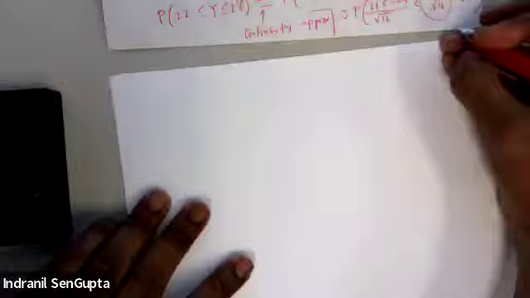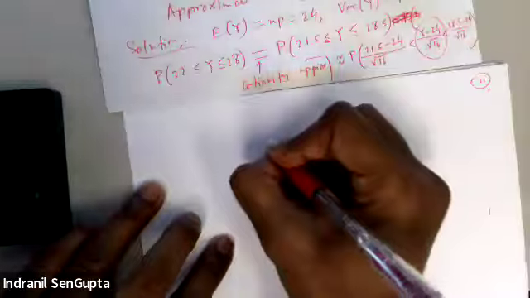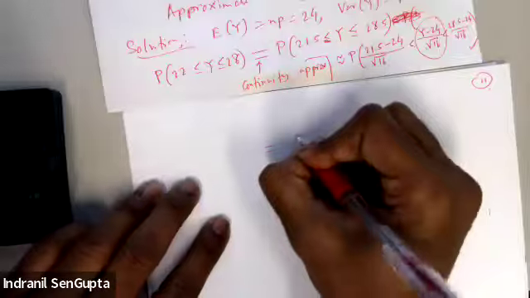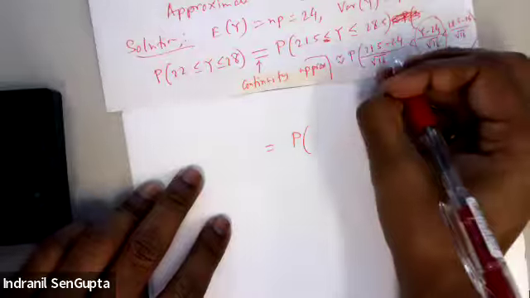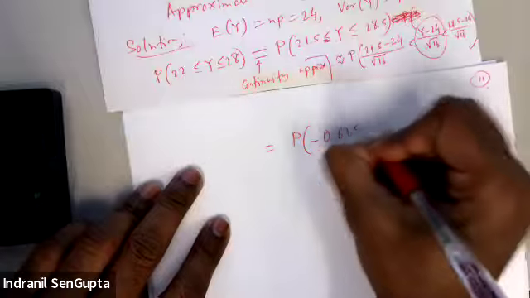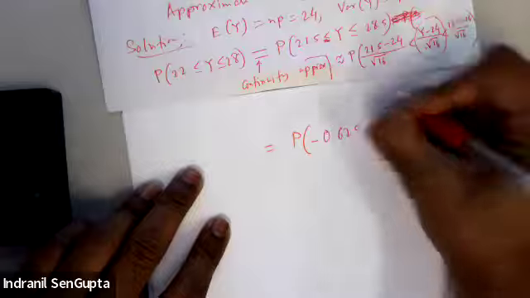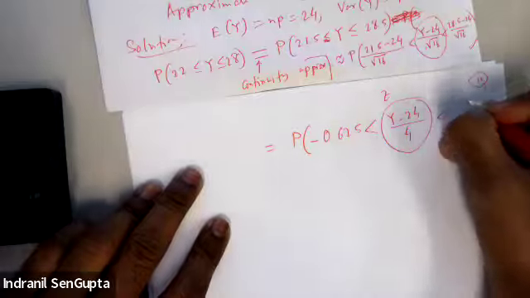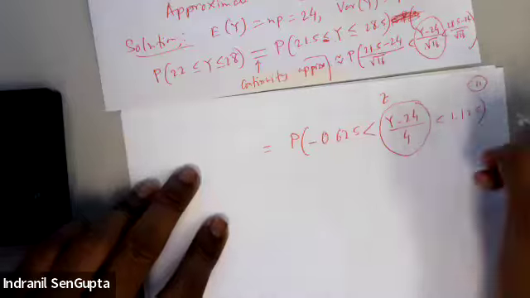Okay. What I have here is, therefore, we know that this quantity is standard normal, right? So that means this is equal to probability of, if you compute this one, it's going to be minus 0.625 less than Y minus 24 over 4, which is Z, which is less than 1.125.